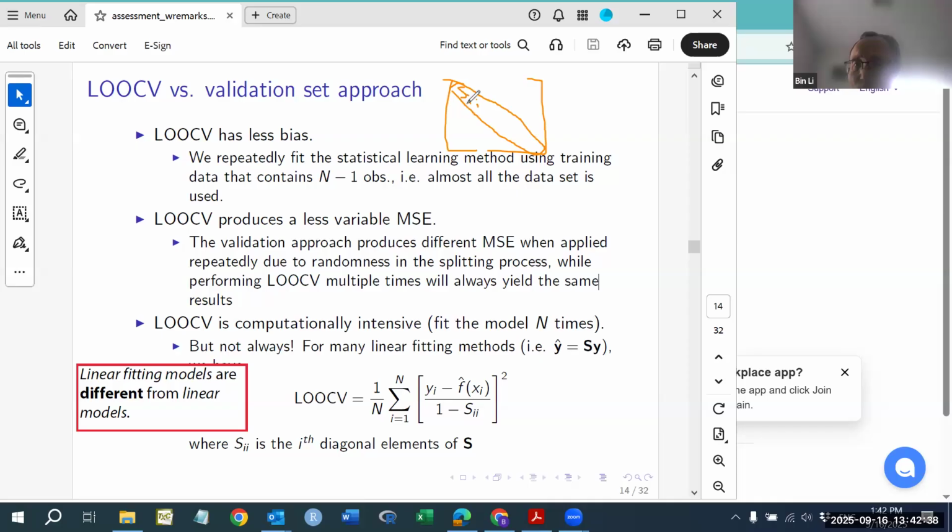Like the first row, first column is called S11. Second row, second column is S22, up to S_nn. So these are the diagonal elements, and these are the S_ii. So we can mathematically prove the leave-one-out cross-validation error is equivalent to this. In that way, we just fit the model once. So that's a shortcut. Okay.